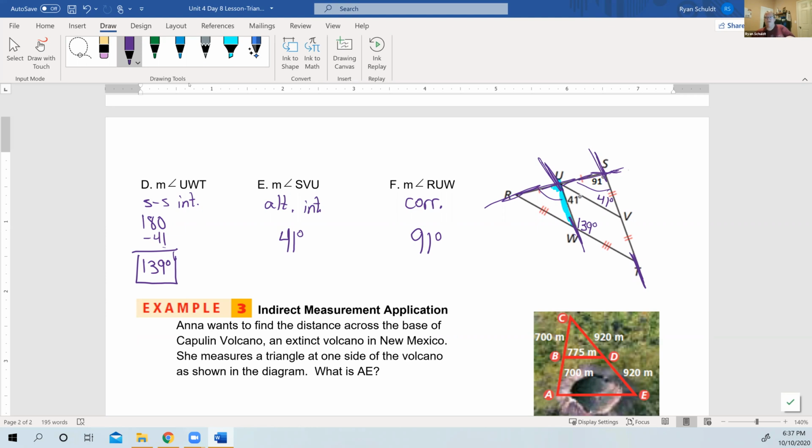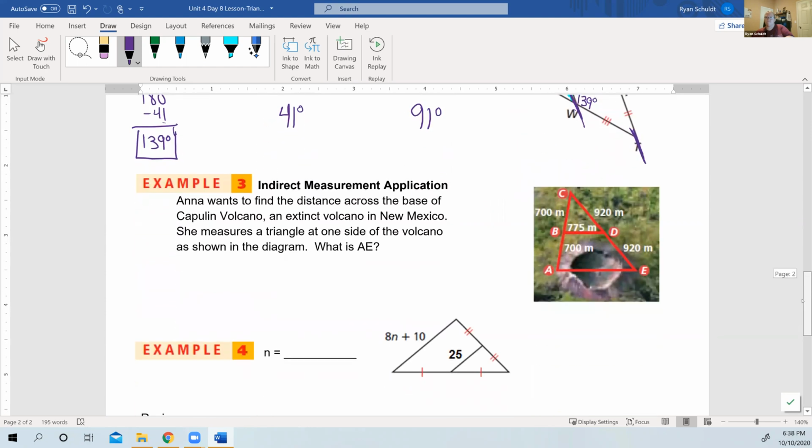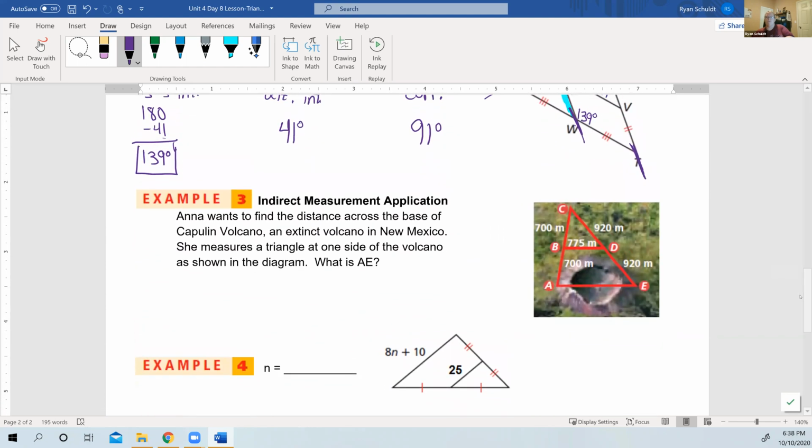Okay, so there's that example. Example number 3. We want to do a little bit of indirect measurement. So Anna wants to find the distance across the base of the Capulan volcano, which is an extinct volcano in New Mexico. So she's going to measure a triangle at one side of the volcano as shown.